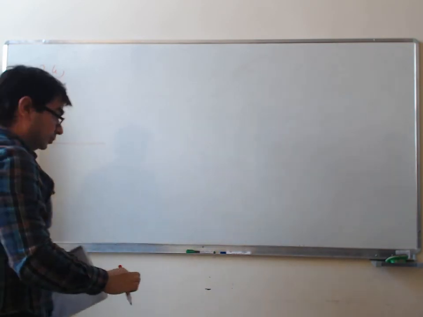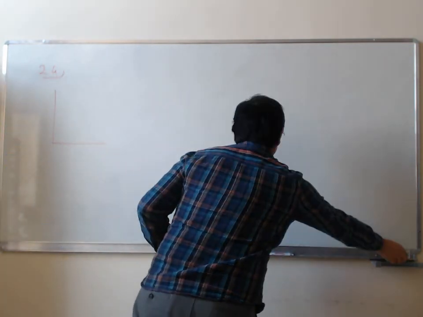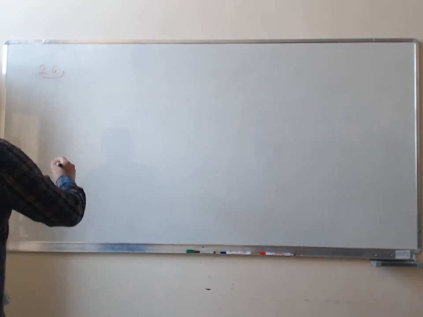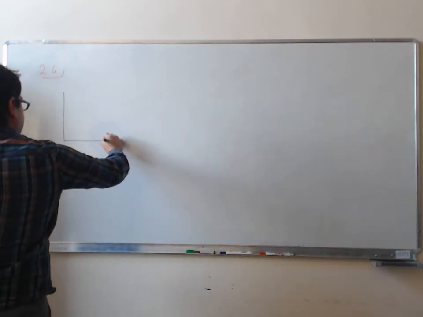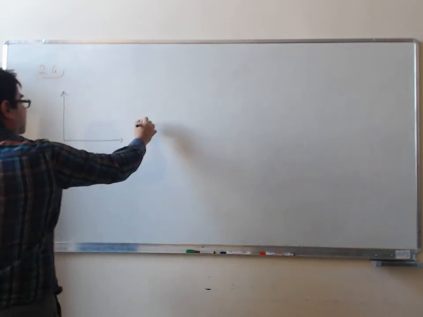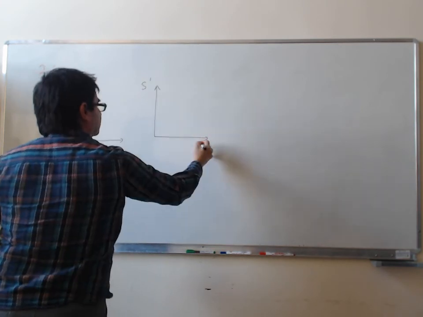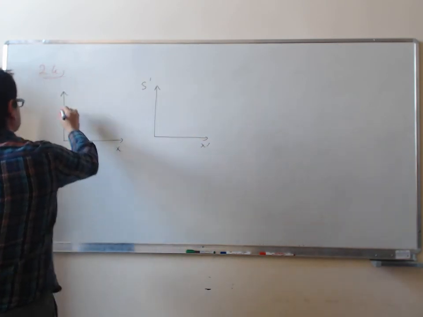Let me switch to black again. We have the standard configuration of two reference frames. S prime with the prime coordinate here, S with the unprimed coordinate here.